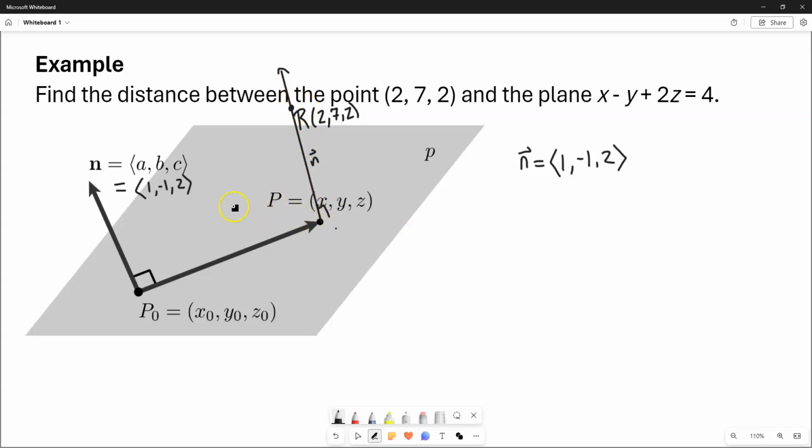All right, and so what we can then find is some vector originating from P naught, going from P naught up to R. And then what we can find is this distance here, which is basically the projection.